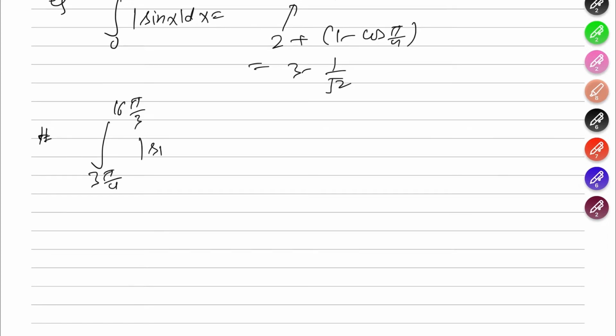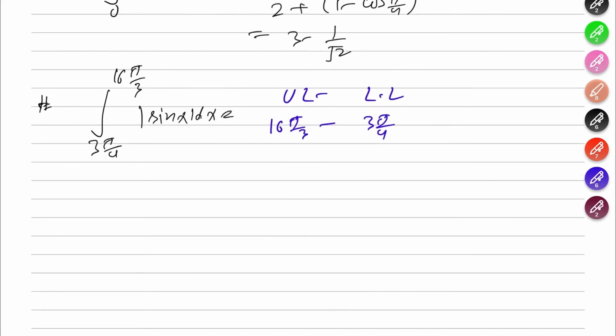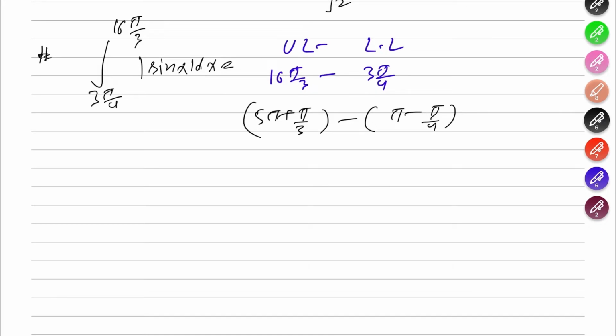Okay. Now again, let's take something: ∫ from 3π/4 to 16π/3 of |sin x| dx. Here it is the upper limit minus the lower limit. What is the upper limit? 16π/3 minus 3π/4. So we'll break 16π/3 into the n1π + α form. That becomes 5π + π/3, minus 3π/4, which means π minus π/4.